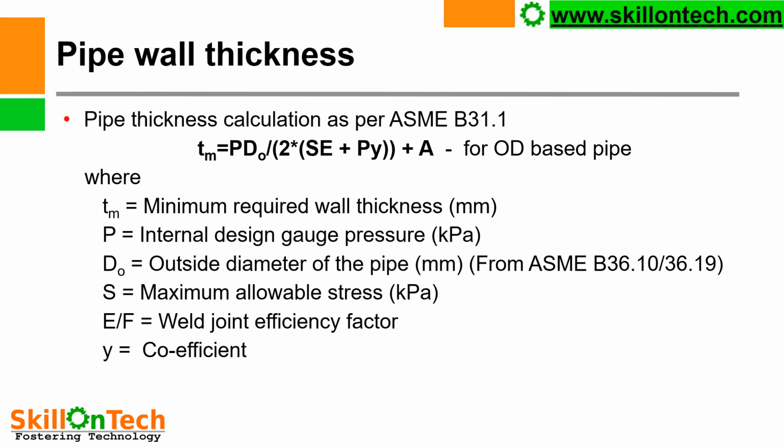Pipe thickness calculation as per ASME B31.1 is tm = P D0 / (2 (SE + P Y)) + A for outside diameter based pipe, where tm is the minimum required wall thickness in mm, P is the internal design pressure, gauge pressure in kilopascal, D0 is the outside diameter of the pipe in mm from ASME B36.10 or 36.19, S is the maximum allowable stress in kilopascal, E is the weld joint efficiency factor, and Y is a coefficient.